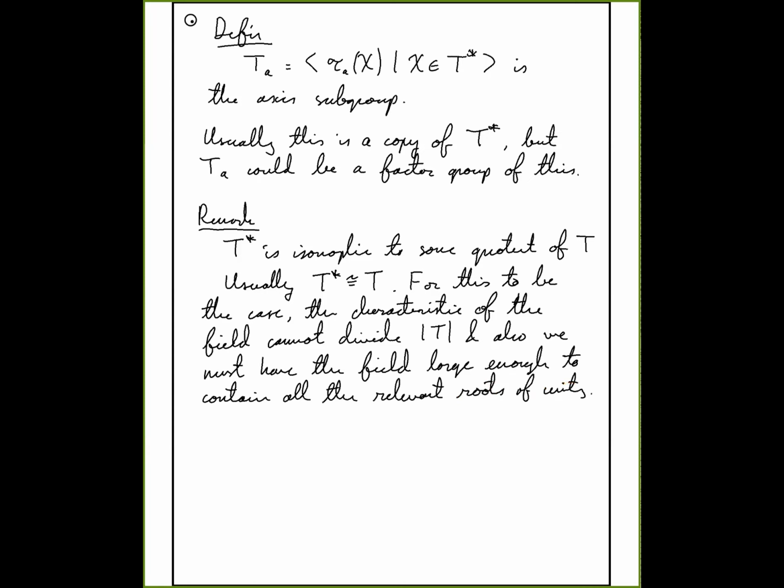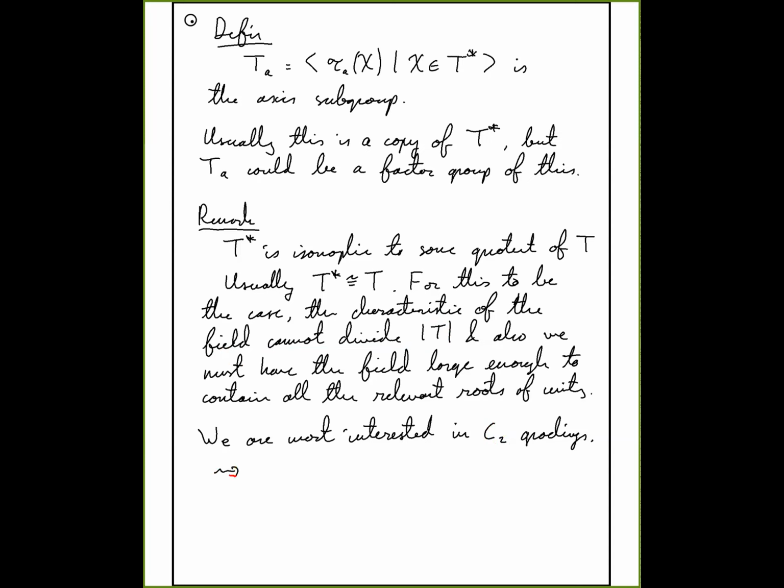So let me, I mean, the case that we are most interested in is that of C2 gradings. So here, what do we need for this? Well, we certainly can't have the characteristic of the field dividing the order of C2, which is just 2.